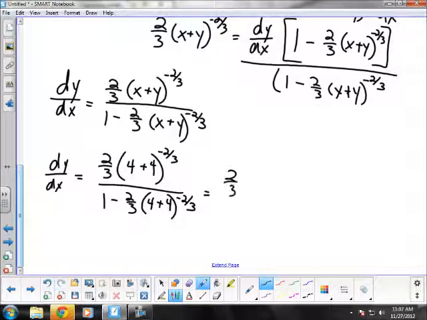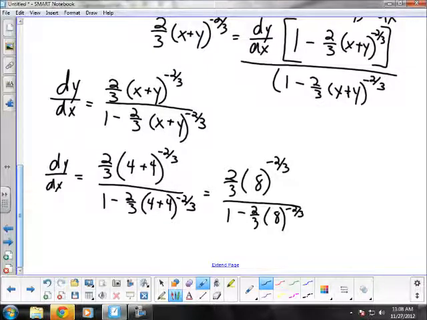So I've got 2/3 times 8 to the negative 2/3 and 1 minus 2/3 times 8 to the negative 2/3. Now 8 to the negative 2/3. You could put it in the calculator, but remember that that's the cube root of 8 squared, and it's on the denominator.